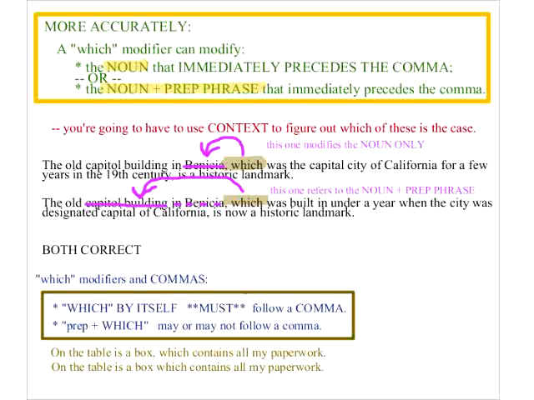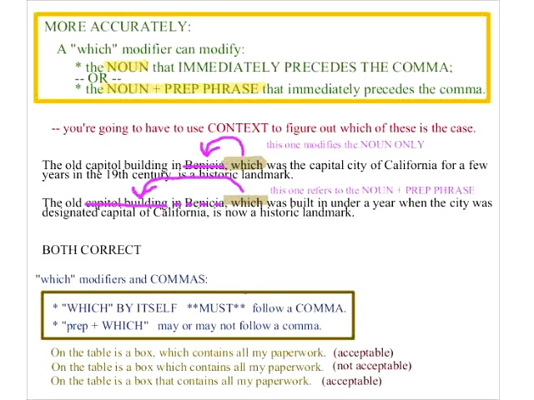Instead of which, what word would you use there? Text box, anybody? Yeah, you would use that instead of which. In British usage, the second sentence would probably appear a lot. So if any of you learned Commonwealth English, this is probably a little bit of a surprise. But on the table is a box that contains all my paperwork, this is acceptable.